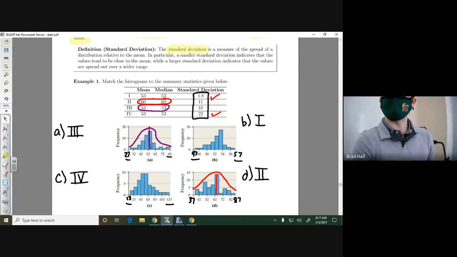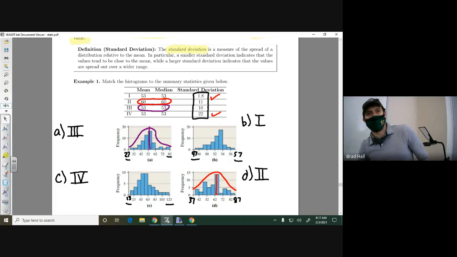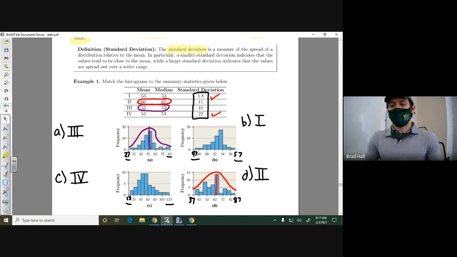So this is how we can use just the concept of standard deviation to at least decipher between the spread of data for various data sets. This is done quite a bit when comparing data sets. Sometimes you're evaluating several people's performance and you can measure it on a histogram.